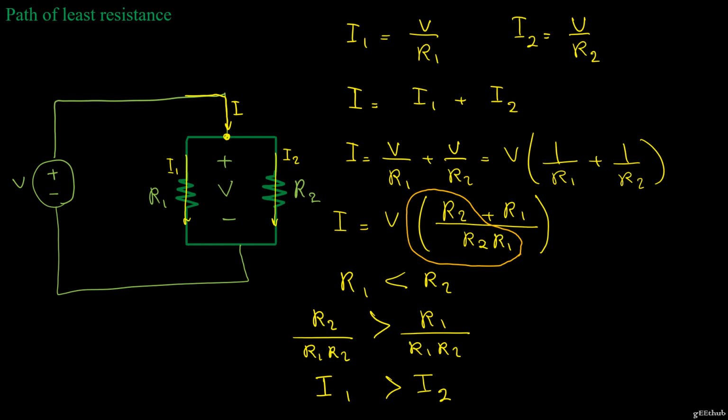And this is what's known as the path of least resistance. Current always takes the path of least resistance. If you have multiple resistors in parallel, the current in the smallest resistor is always going to be the largest.